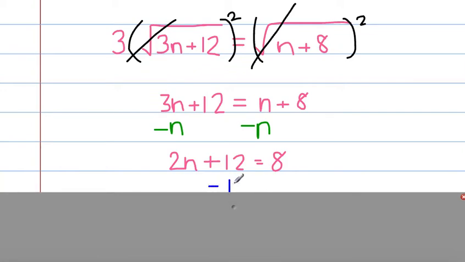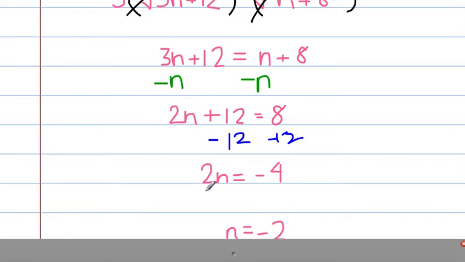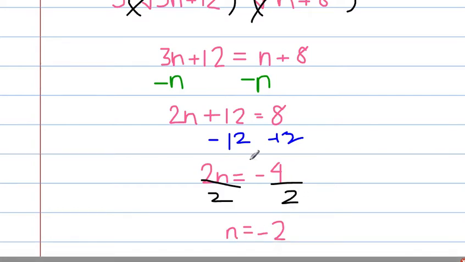Subtract 12 from both sides. So we'll be left with 2n is equal to negative 4. Divide by 2 on both sides. And our final answer we'll get is n is equal to negative 2.